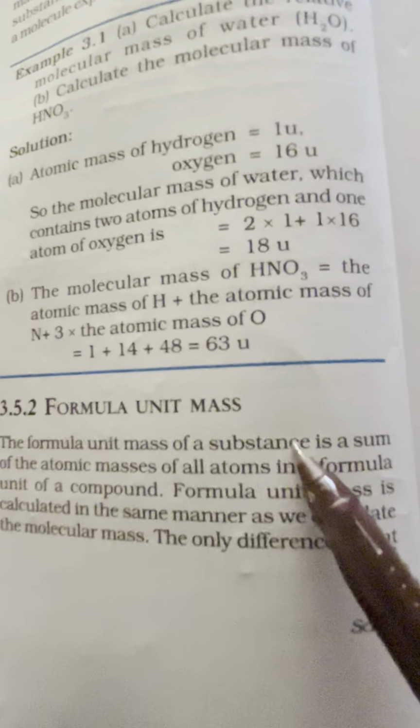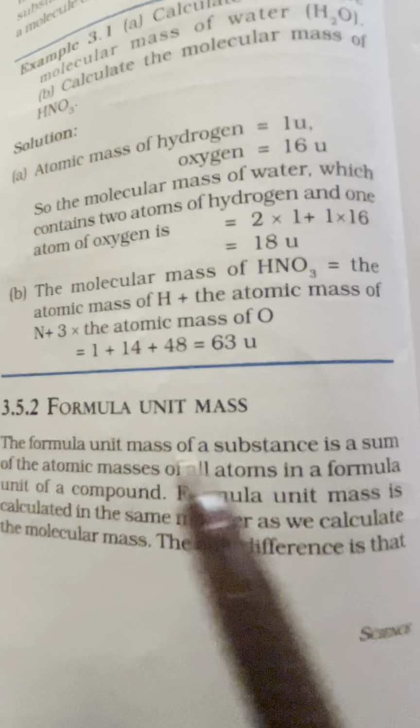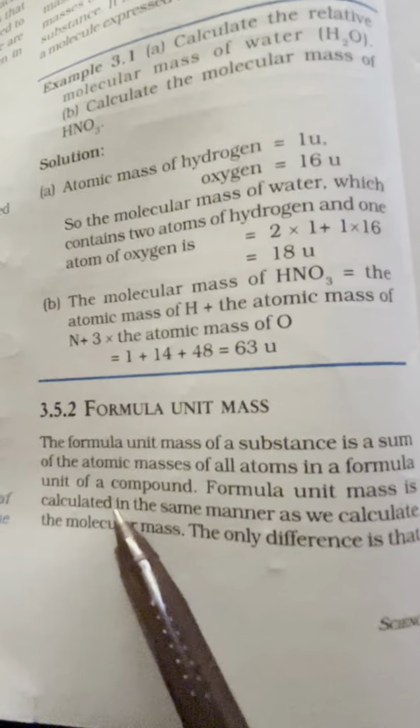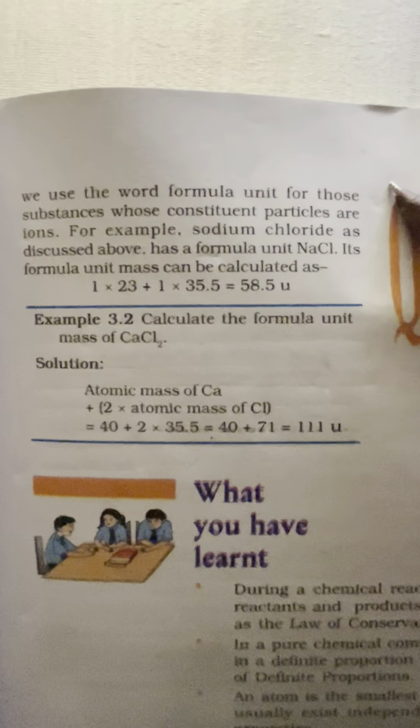Formula unit mass of a substance is the sum of the atomic masses of all atoms in a formula unit of a compound. Formula unit mass is calculated in the same manner as we calculate the molecular mass. The only difference is that we use the word formula unit for ionic substances.